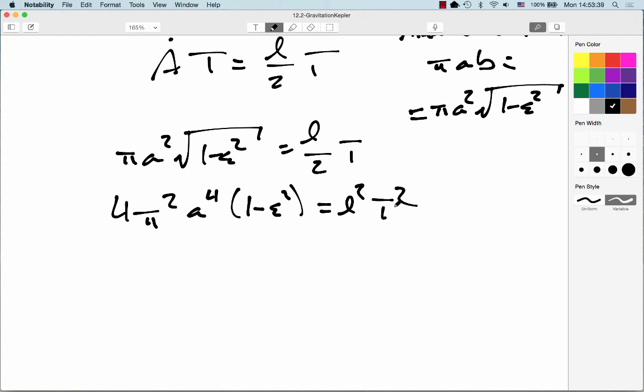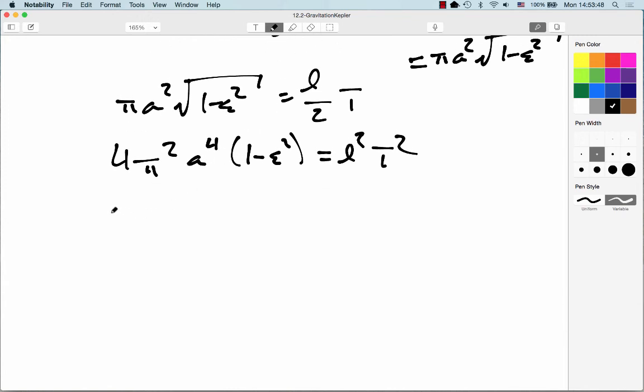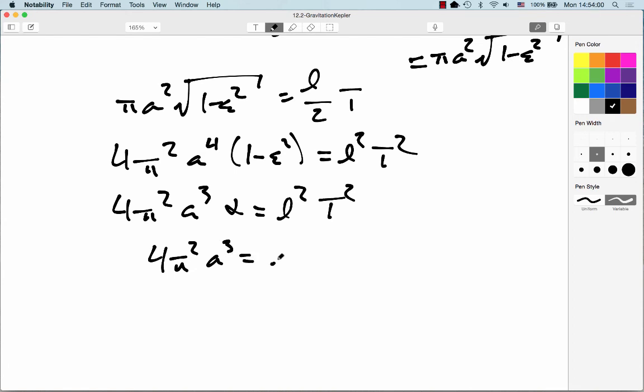But I can peel off one of these a's, because remember that a times 1 minus epsilon squared is the latus rectum. So 4 pi squared a cubed alpha equals L squared T squared, or 4 pi squared a cubed equals L squared over alpha T squared. Oh, hey, that's GM. So GM T squared.